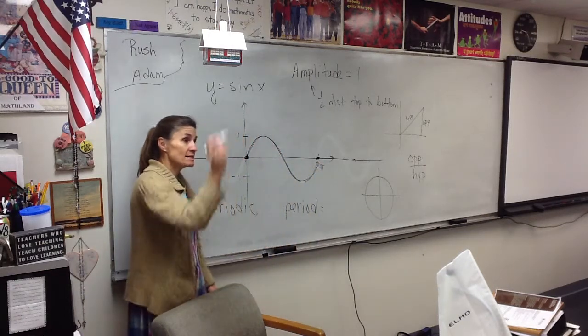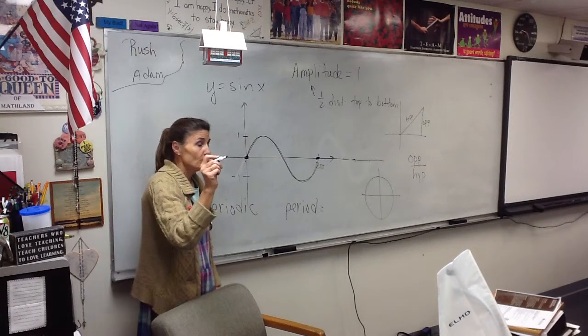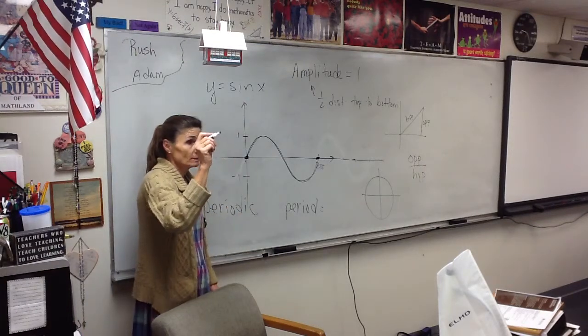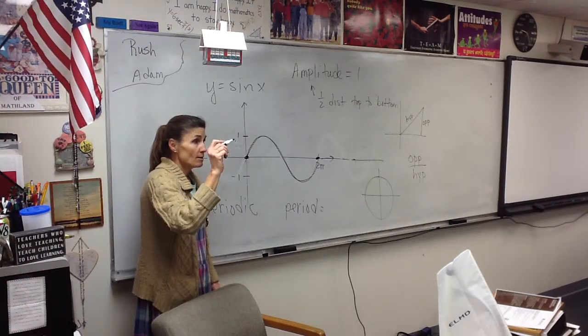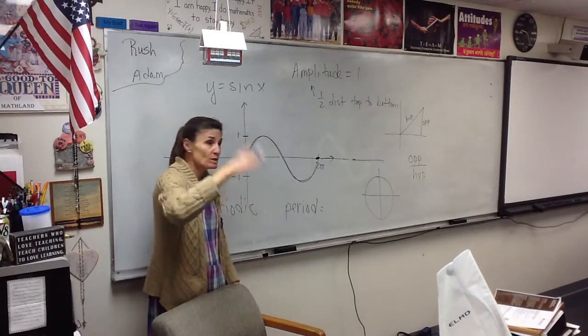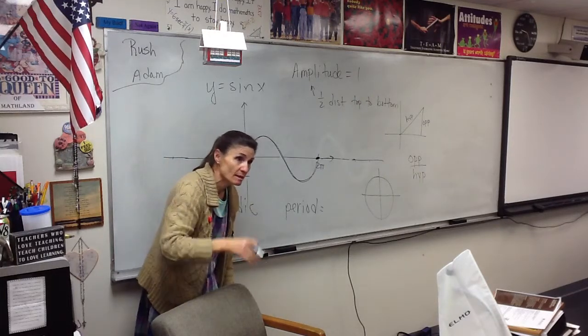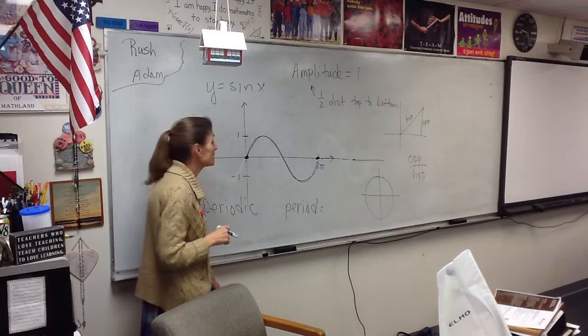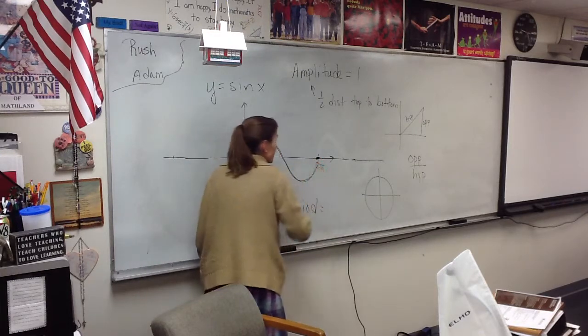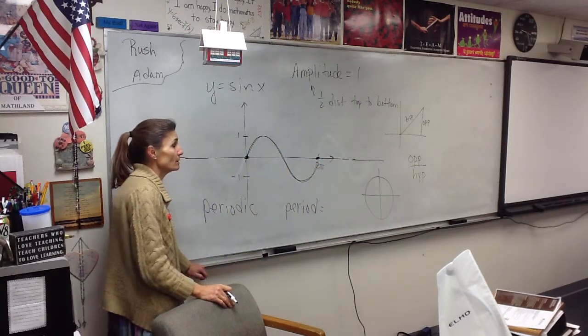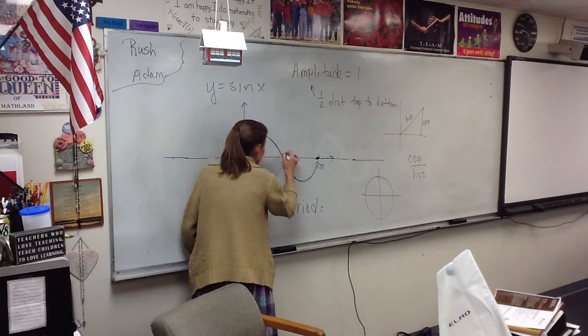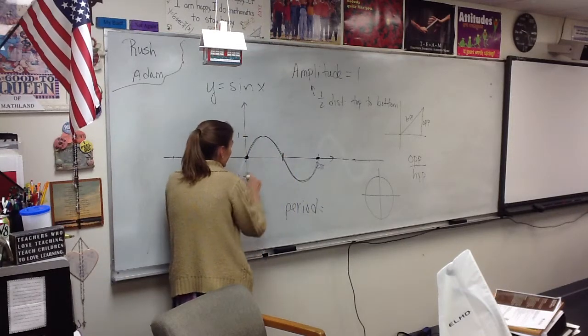Because what happens after you go around the circle? You start repeating yourself and repeating yourself. Think about those big problems we did earlier. We just threw out the extra 2 pi's, right? Because they don't change anything. The period of the sine curve is 2 pi. Which means that this label would be what?